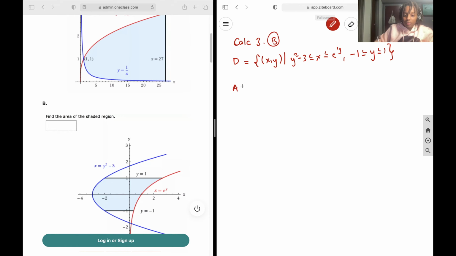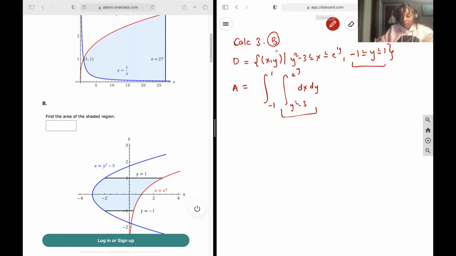So the area is going to be, let's put the y on the outside because it's easier. So -1 to 1, y squared minus 3 to e to the y dx dy.